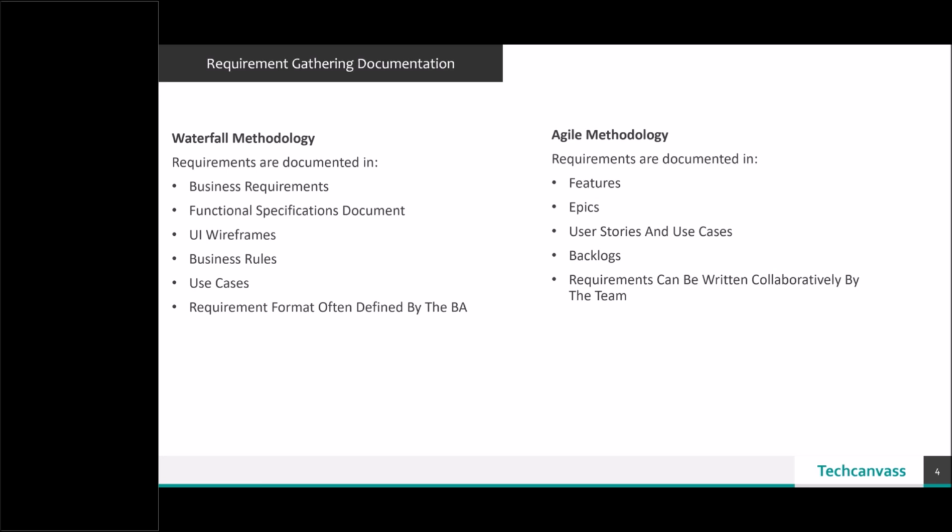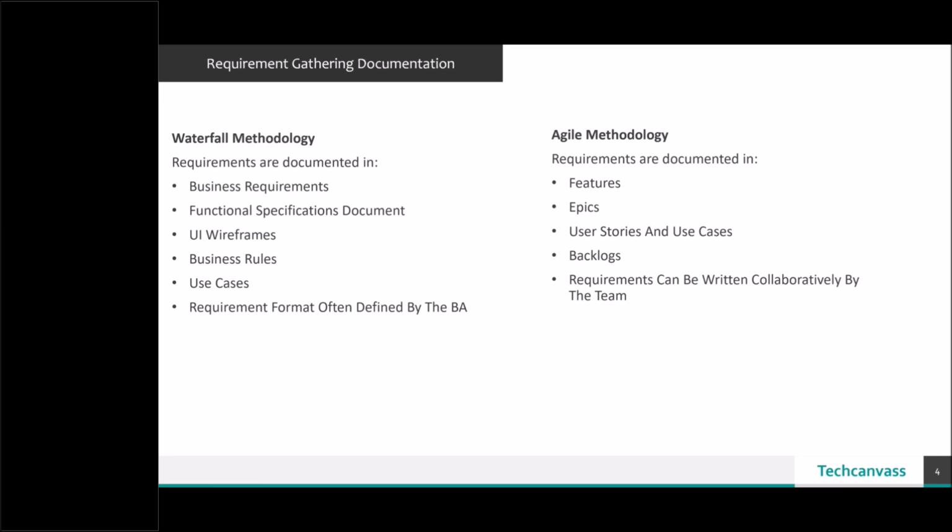In waterfall methodology, the focus always remains on the business requirements document, which is a very high level document. It only talks about the problem statements. It doesn't talk about how the solution is going to be defined or what key areas need to be covered. It is not a scoping document.